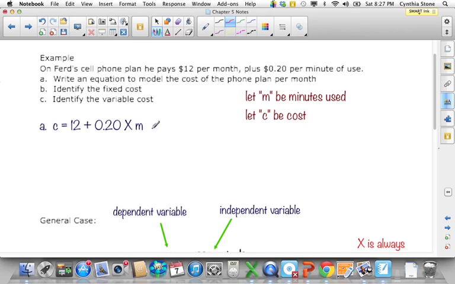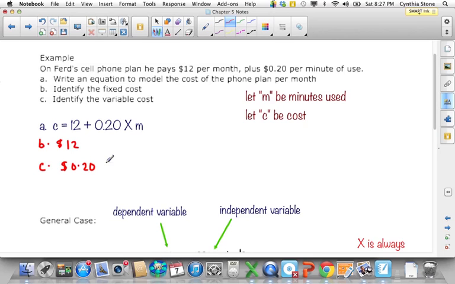Okay? Identify the fixed cost. Well, the fixed cost is the part that's no matter what happens, he has to pay it. So that's the $12. Doesn't matter if he never uses his phone, he still pays 12 bucks. Okay? And the variable cost is the 20 cents per minute, the $0.2, okay? Because that's what we call the constant of variation.